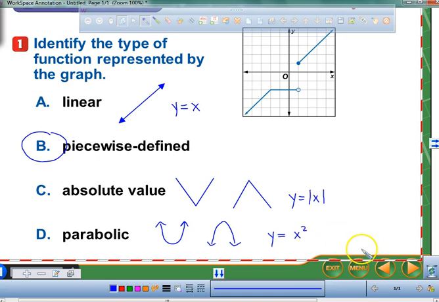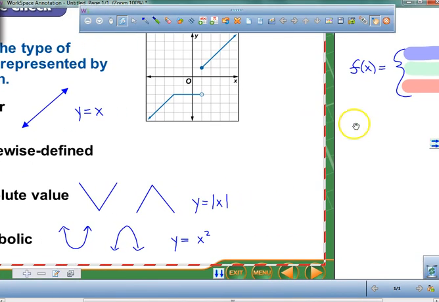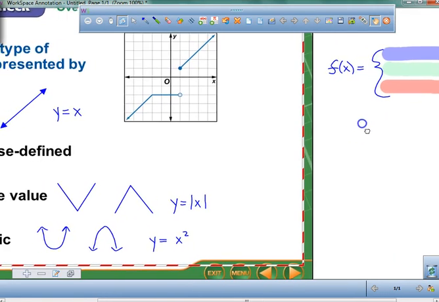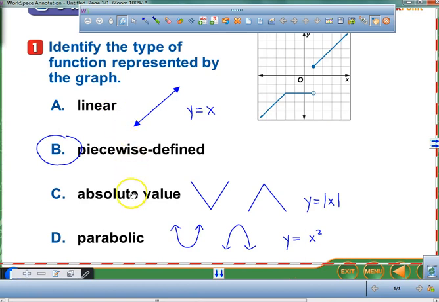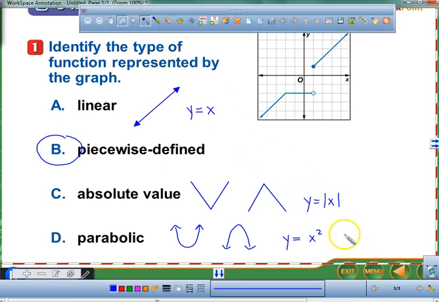Okay, so you're going to have to know those. Linear, absolute value, parabolic. And just so you know, we call this quadratic. Okay?